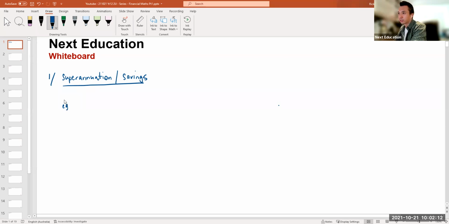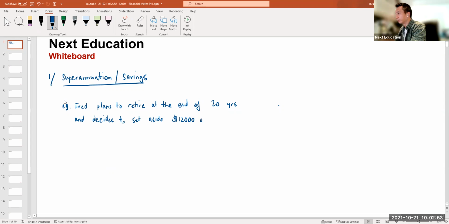The first example: let's say Fred plans to retire at the end of 20 years and decides, handwriting the best today, but decides to set aside $12,000 at the beginning of each year in a superannuation fund.